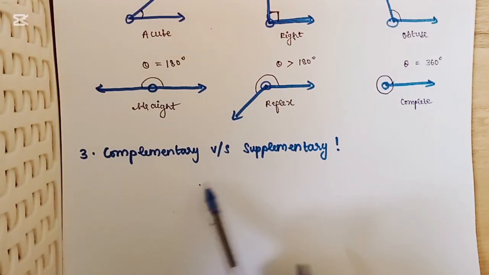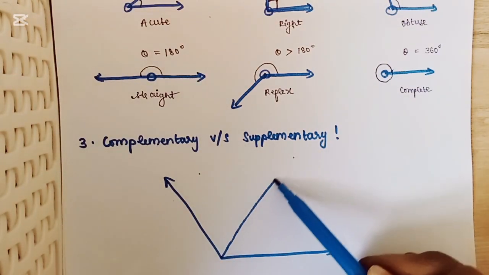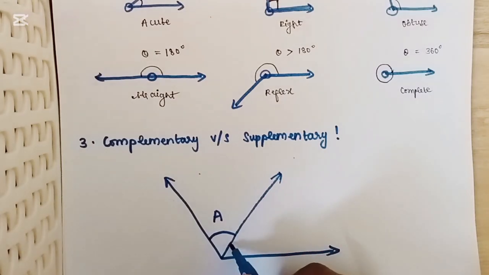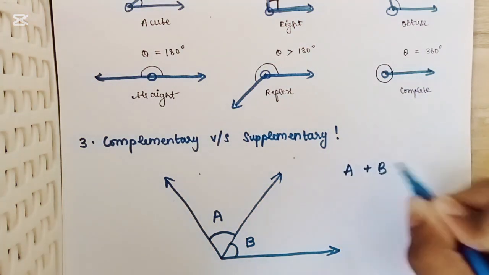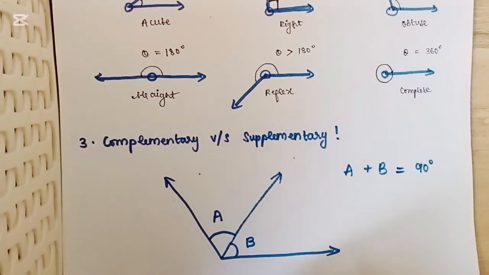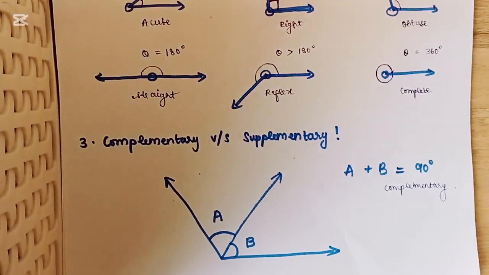Next is the difference between complementary and supplementary angles. If this is an angle and there is a line passing through the angle with any measurement, and this is angle A and this is angle B, what is the difference between complementary and supplementary? When angle A plus angle B is equal to exactly 90 degrees, this is called a complementary angle.